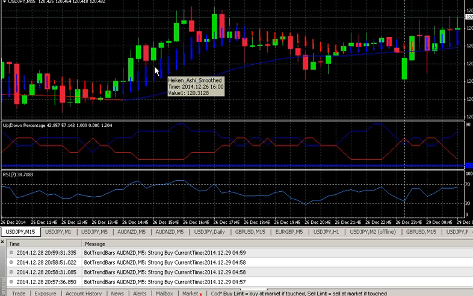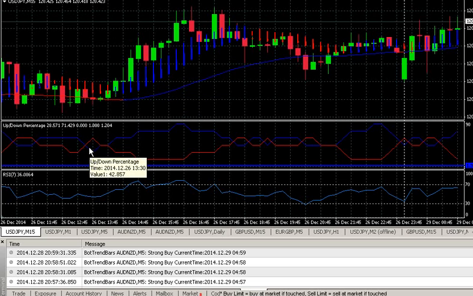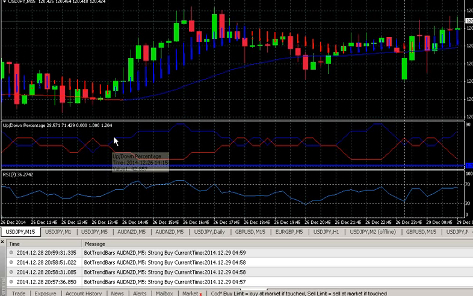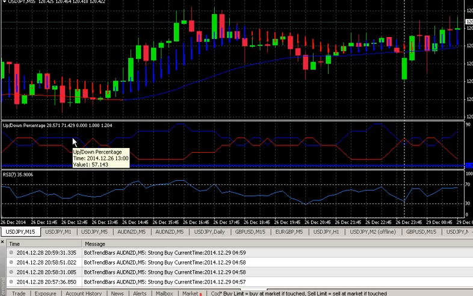When you're using indicators that are smooth, a lot of the back and forth that you'll see is indicators cross. Like here's an example of a little cross. Okay, we cross down. Okay, then we cross back up, and that's just right there. You can see it on this up down percentage.